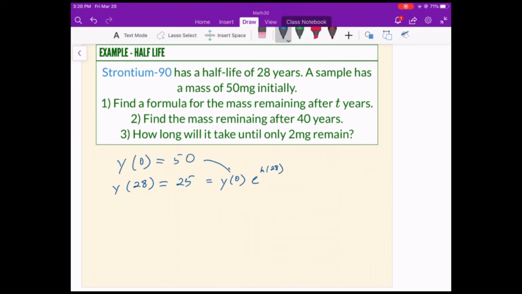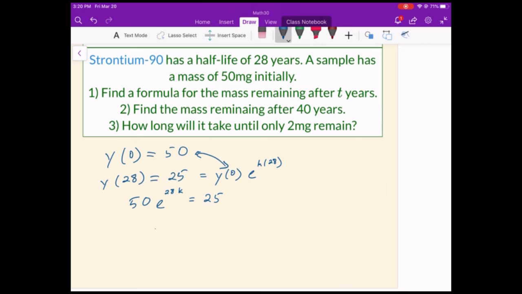All right, so we know that y0, of course, is 50. We've got 50 e to the 28k equals 25. And of course, solving that, or rather moving that 50 over to the other side, gets us 1/2.